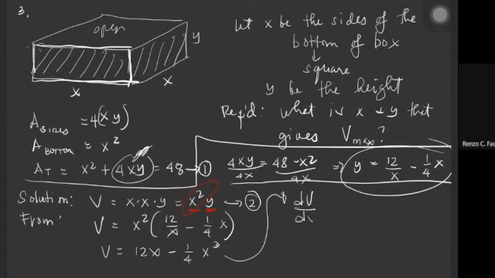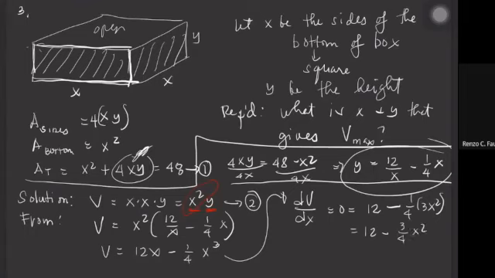dV/dx equated to 0 is equal to 12 minus the derivative of x cubed, which is 3x squared. And so we have 12 minus 3/4 x squared.